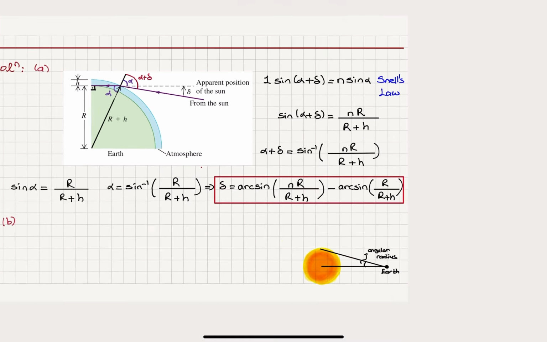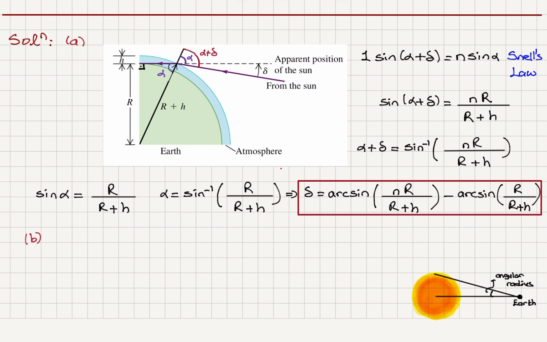So this is what we were supposed to show in part A of the problem.